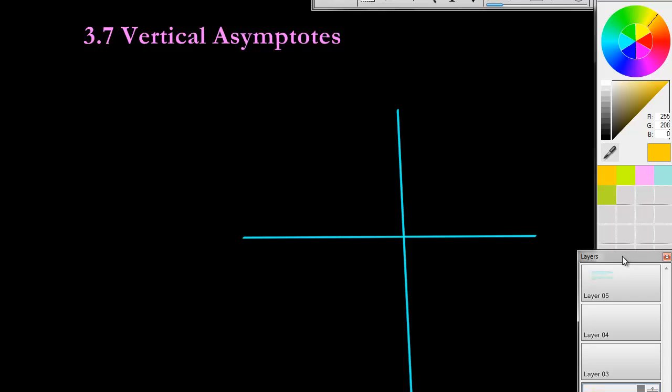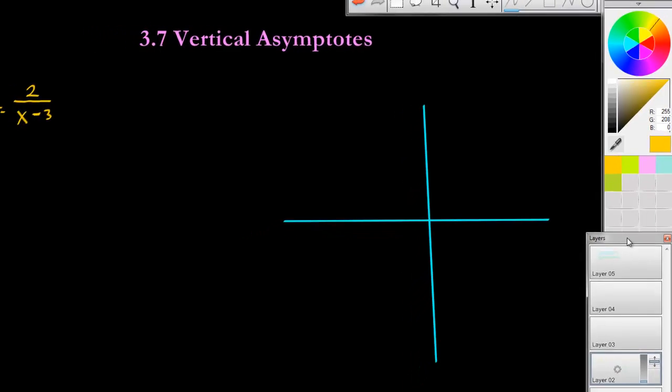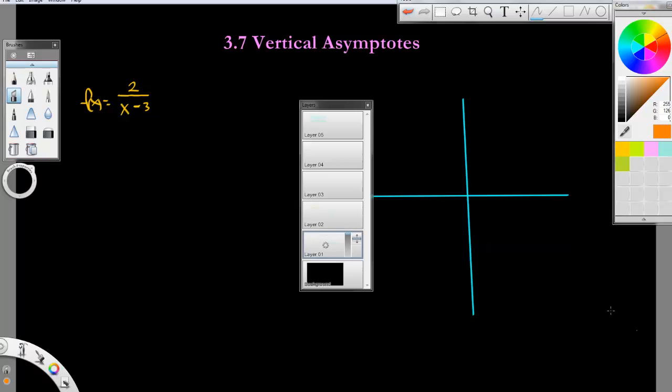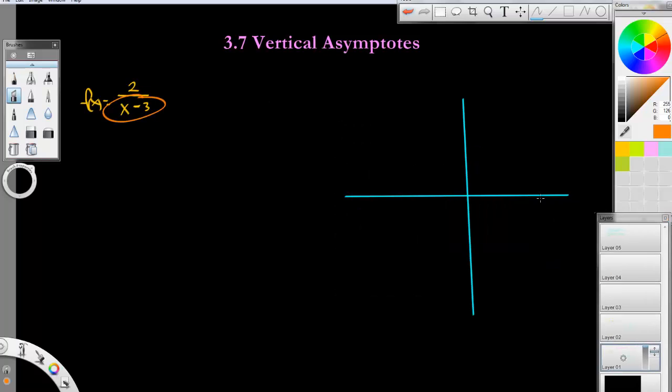Okay, so in this example, we're going to look at just the vertical asymptotes. Now you also have to do the horizontal asymptotes, but we're just going to focus on the vertical here this morning. Playing a game of finding the vertical asymptotes simply means figuring out what makes this bottom here equal to 0.